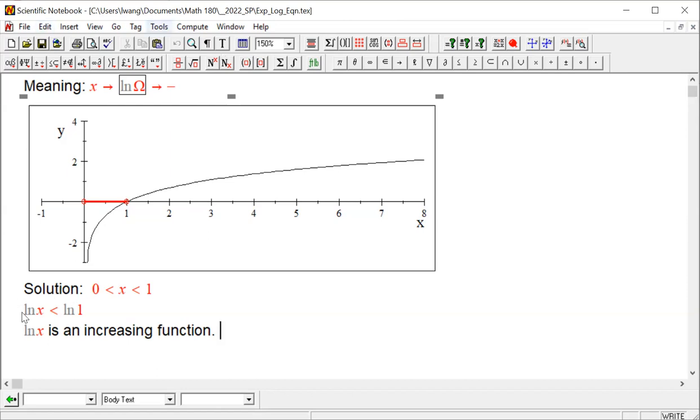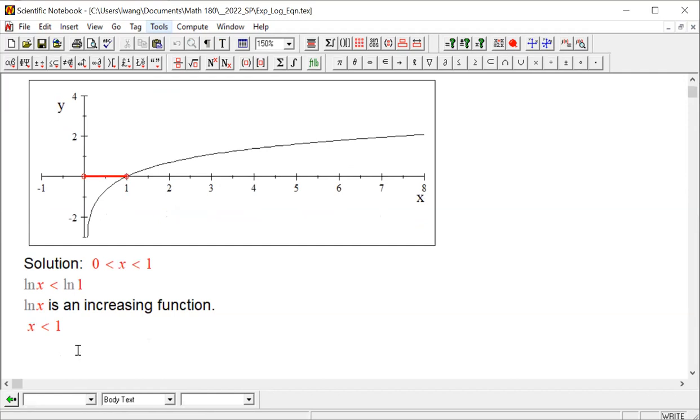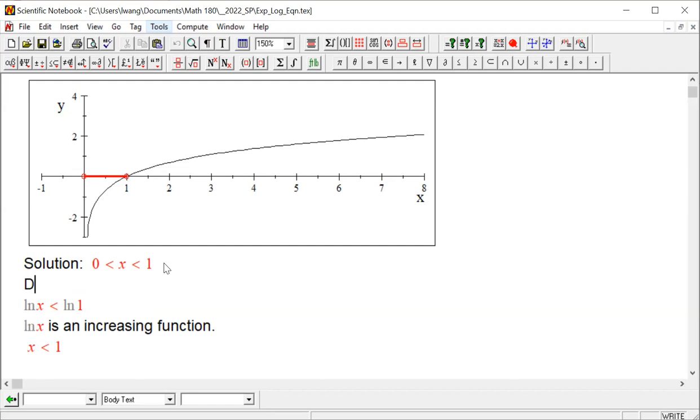So when the output ln x is less than ln 1, therefore x is less than 1. And that's it. But we also have to take into consideration the domain. The domain of ln x is x larger than 0.